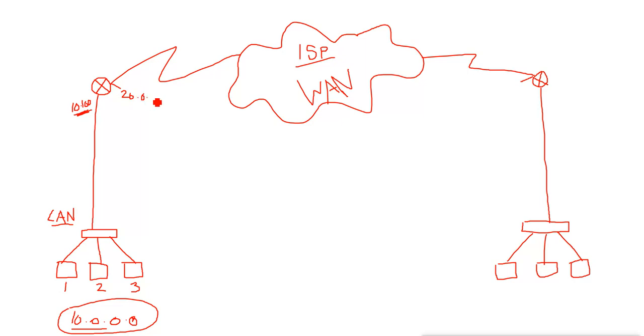On this side they will give you an IP address in the same network, say 20.0.0.2, so that this interface of your router can easily communicate with that interface.